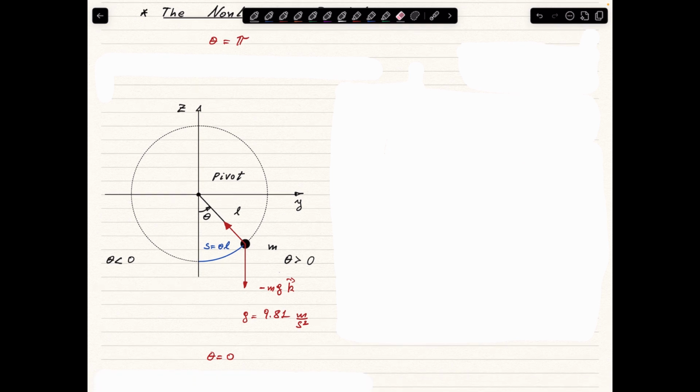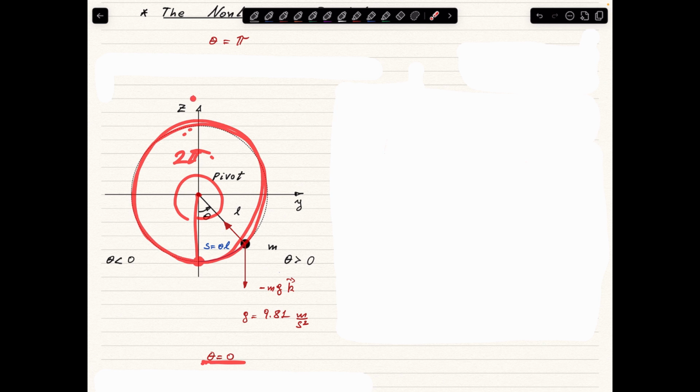But there is a complication. Theta is 0 when the mass is here. But the pendulum could be in the same position if it does one complete turn and theta is 2 pi. So this position also represents the position of the pendulum after 2 pi, or after a second turn, which would be 4 pi, and so on.